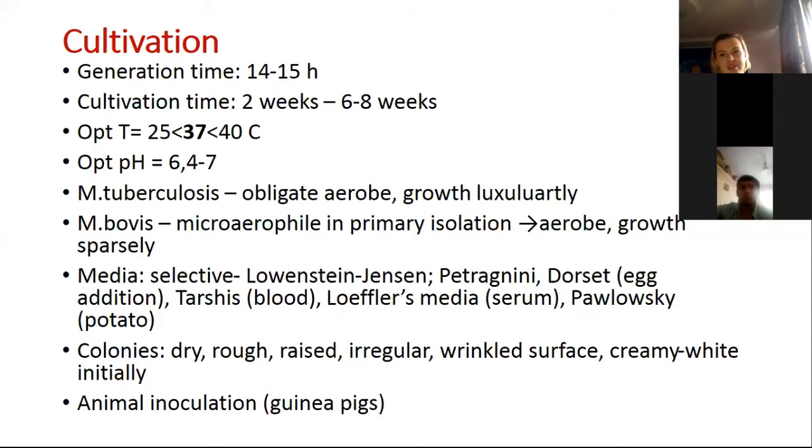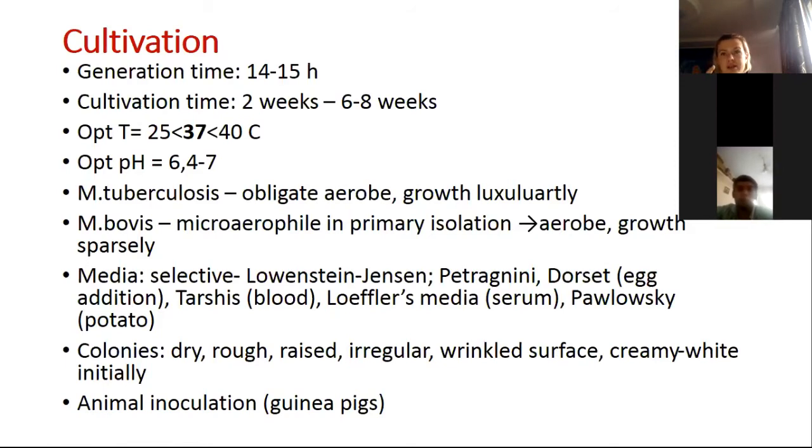And you should cultivate for not less than 2 months. The generation time is 14 to 15 hours, from when the first Mycobacterium tuberculosis starts to divide by binary fission.